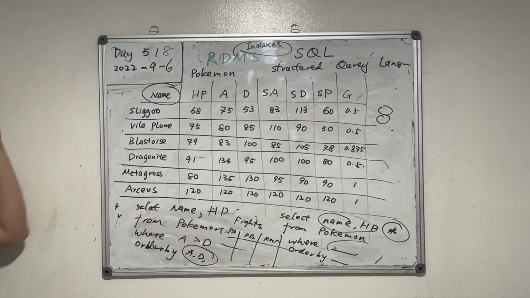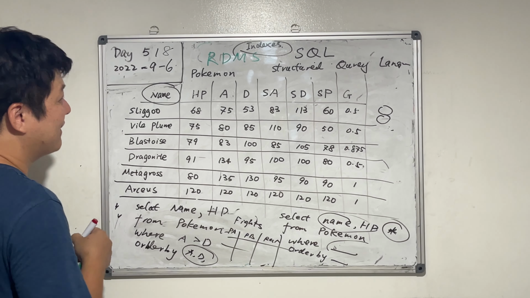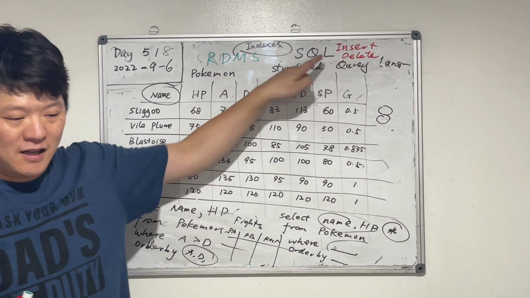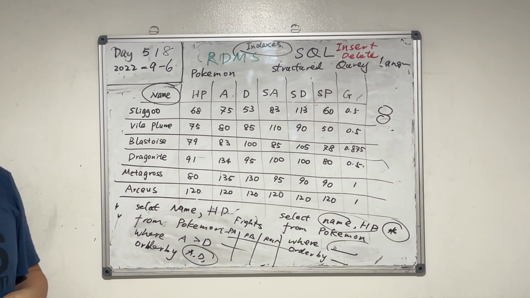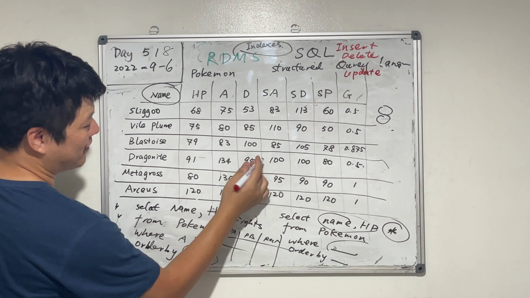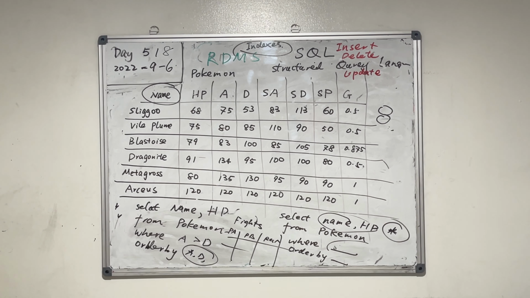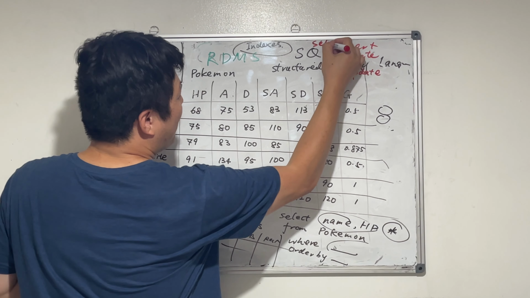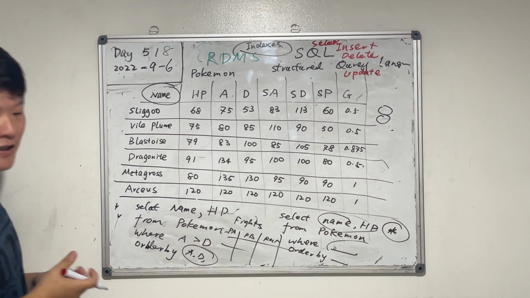Okay? So insert and delete. One is missing. Insert, delete. And what's the other one? You could possibly think of update. Well done. Update. Yeah? Just want to update this value, for example, to 100. Right? So these 3, together with the select, are the 4 most popular SQL statements.